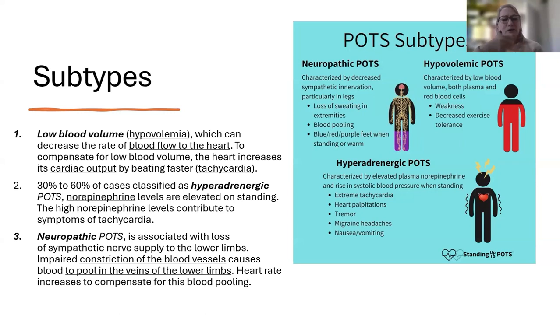So you get the heart rate going up because of trying to move the blood that's pooling in the body. In the hyperadrenergic POTS, there's a lot of epinephrine circulating in the blood, and that works directly on the heart to make it pump harder and faster, and you get that increased heart rate because of the hormones.